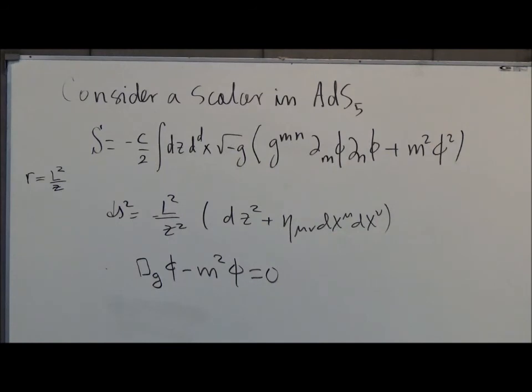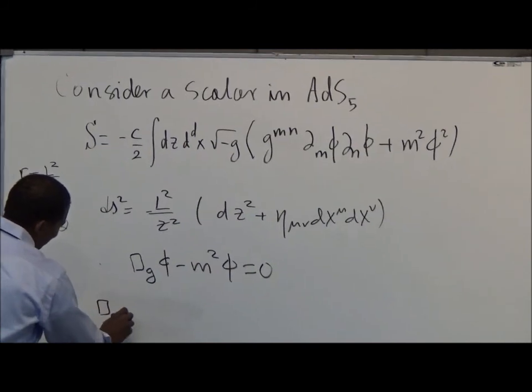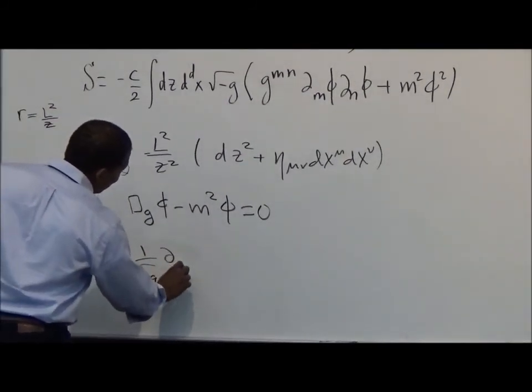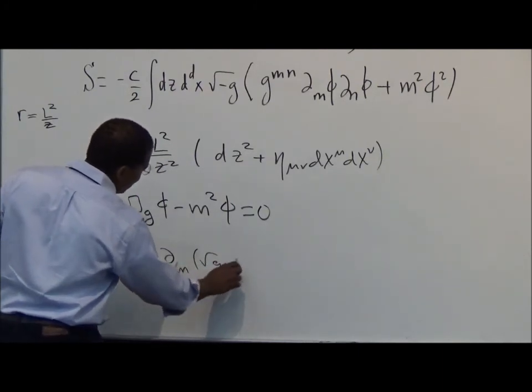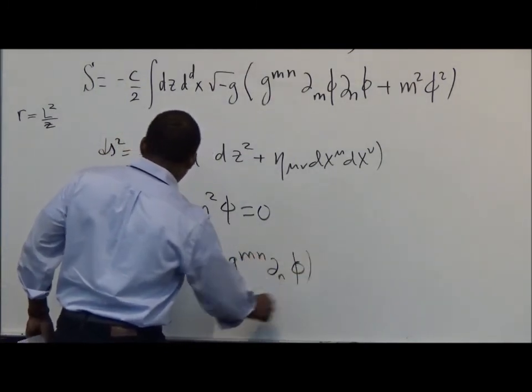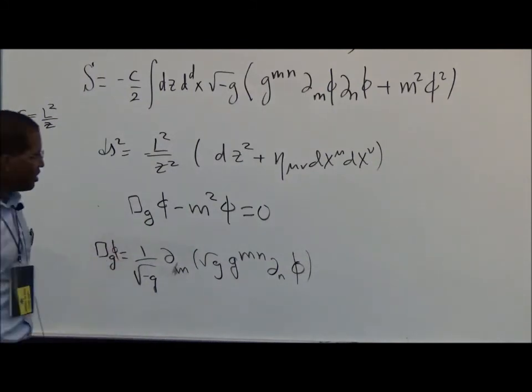Good, I'm happy to explain anything, but I think we can skip this step. So here's the metric. Think of the Laplacian acting on a scalar: it is one over the square root of minus g, times the derivative with respect to x mu of the square root of minus g, g mu nu, times the derivative with respect to x nu. You just apply that operator, and you get something.